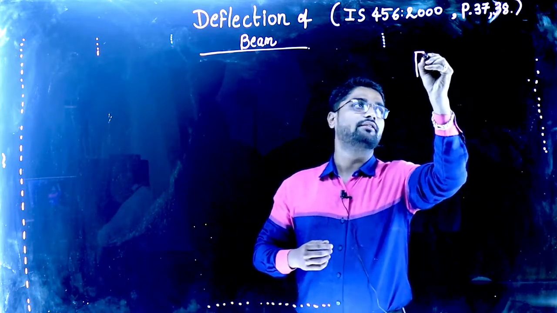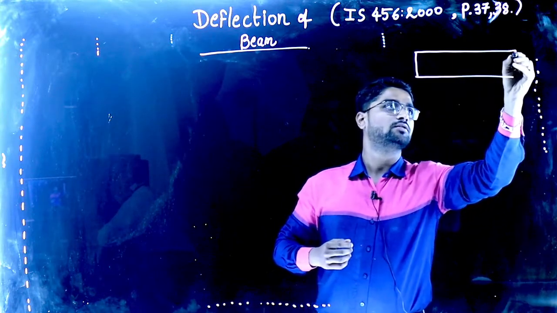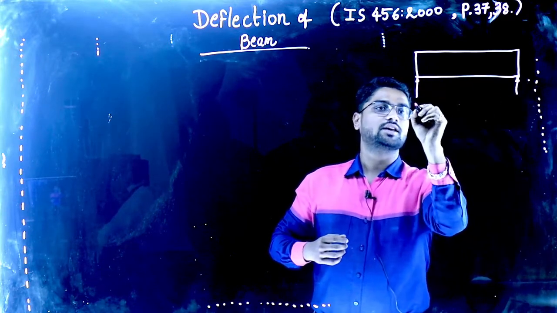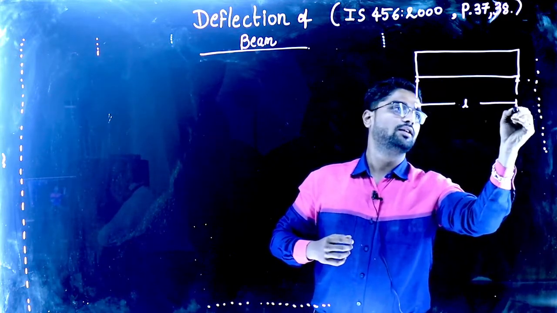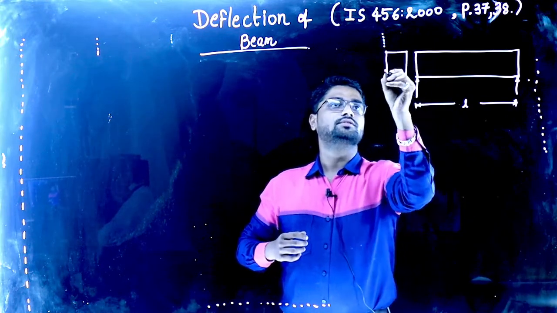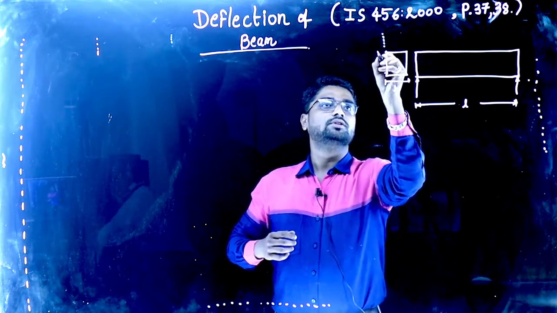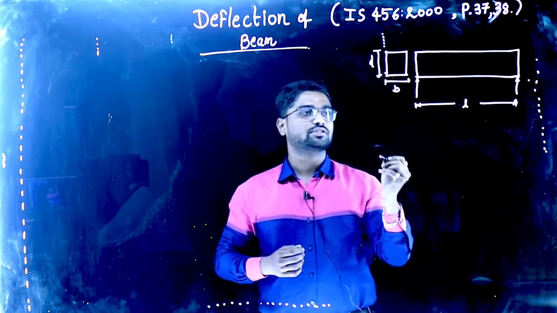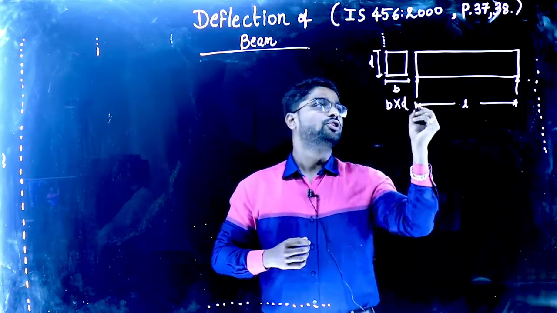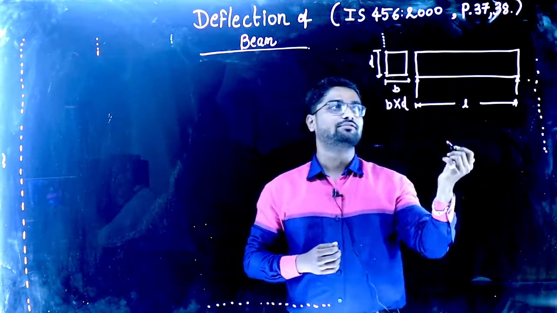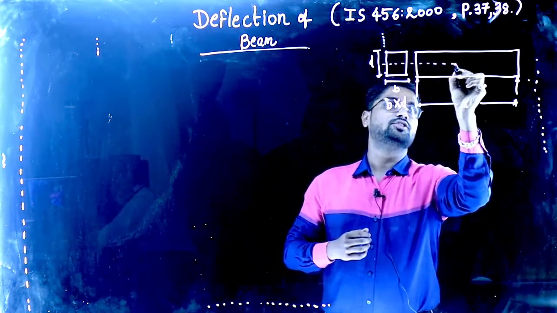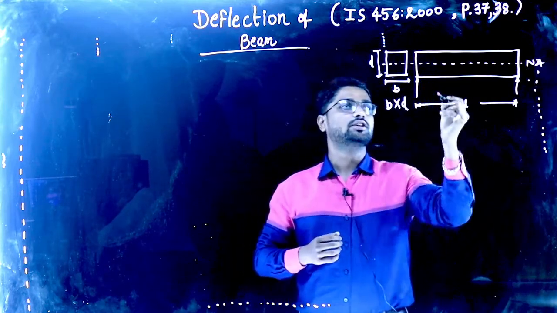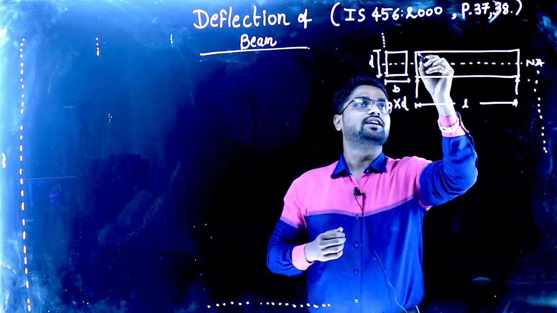Suppose we have a simply supported beam like this, having supports like this, a span L, and a cross section with width of beam B and depth of beam D. Due to self weight, with time it will deflect. Suppose this is the neutral axis of this beam, where there is no compression and no tension, and with time it will deflect due to self weight.